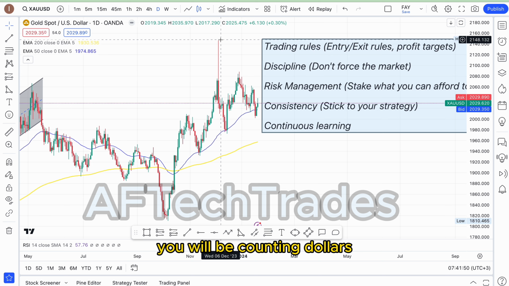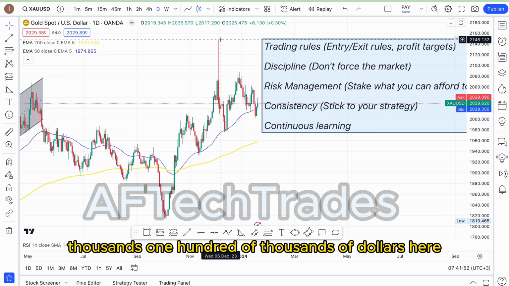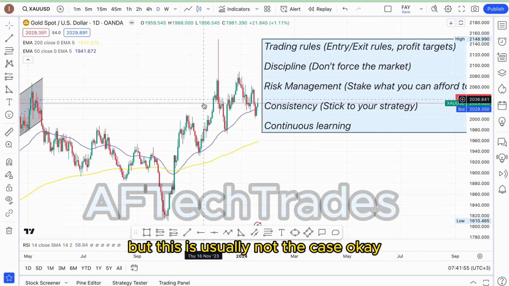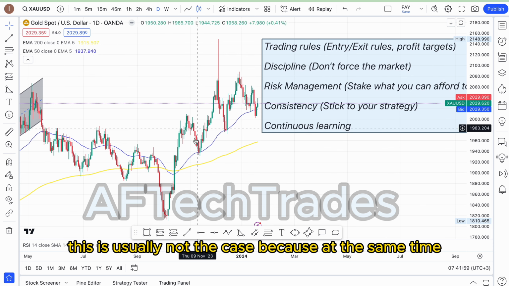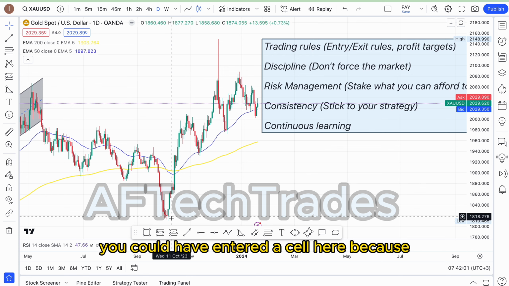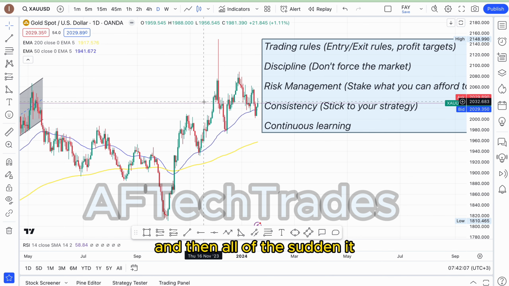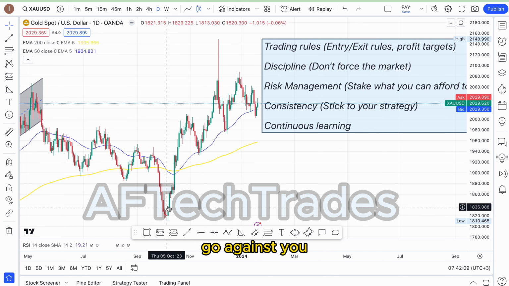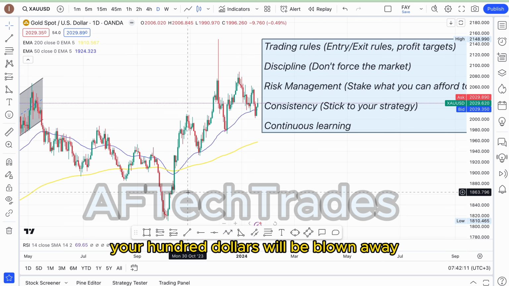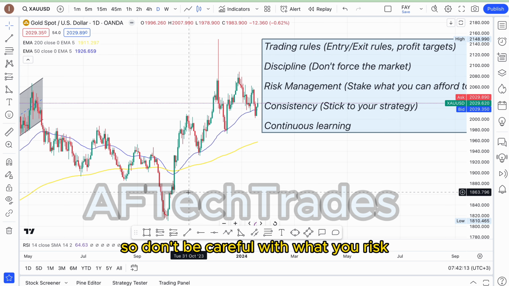Of course, you'll be counting thousands or hundreds of thousands of dollars here, but this is usually not the case, because at the same time you could have entered a sell here because you saw this run of sell, and then all of a sudden it goes against you. Within no time, with this short movement, your $100 will be blown away. So be careful with what you risk.